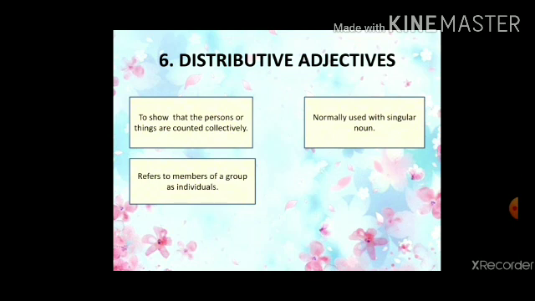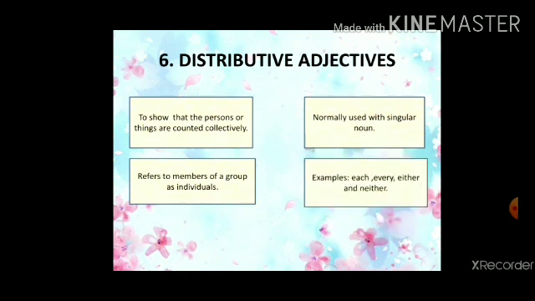So it is used with a singular noun. It also refers to members of a group as individuals. For example, each, every, either and neither. Another example is given. Each participant was asked to complete a survey.